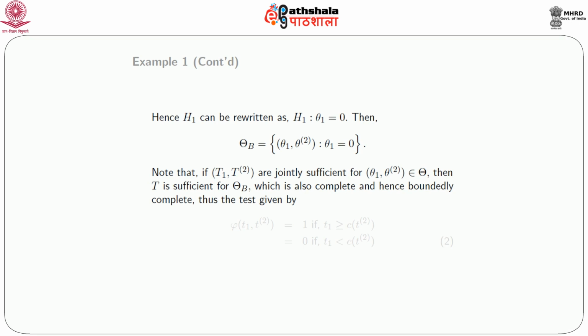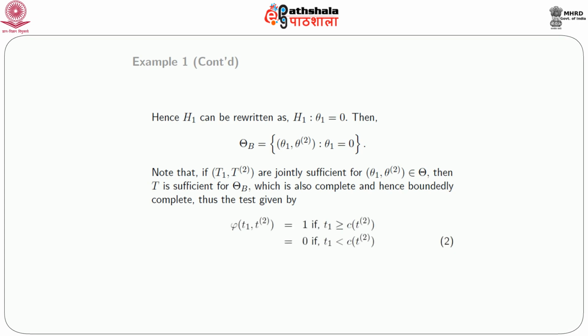Note that T1, T2 are jointly sufficient for theta1, theta2. Then T2 is sufficient for Theta_B, which is also complete and hence boundedly complete.